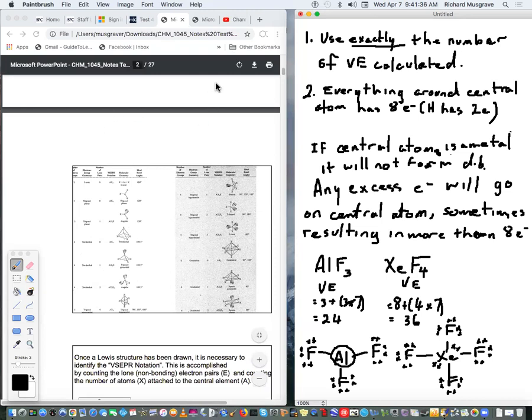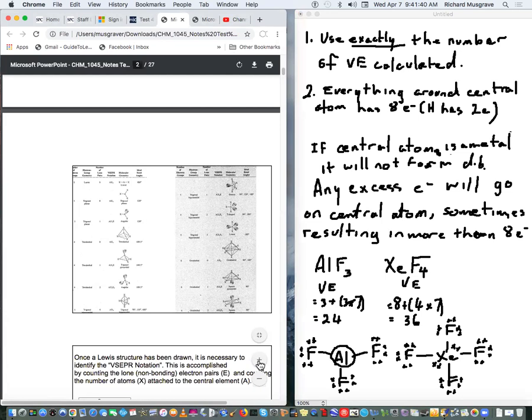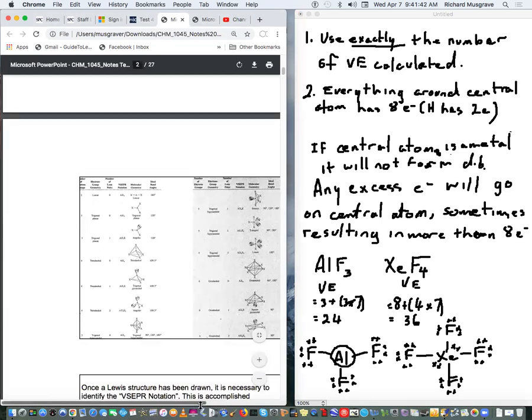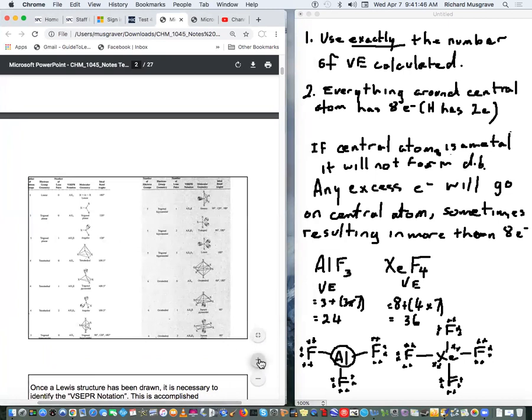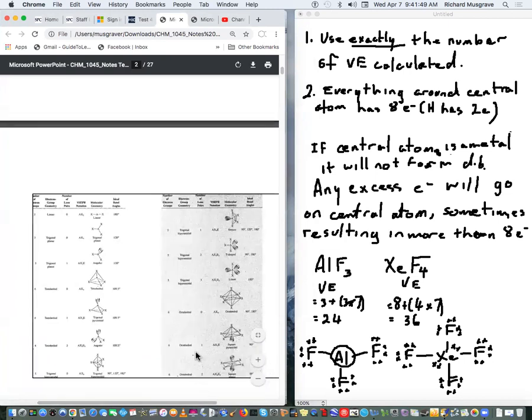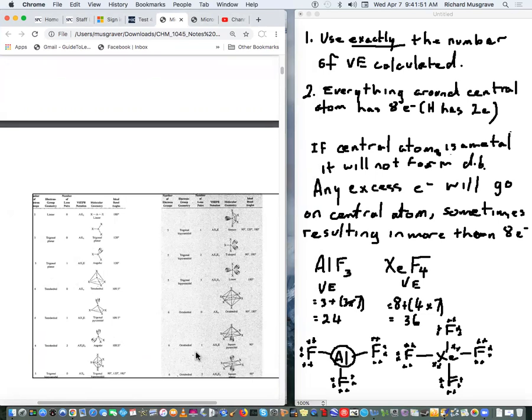discussion we're going to have now is going to revolve around shapes. Doing the Lewis structure doesn't give us a great deal of information about the shape of the molecule. But shapes are always going to be determined by one premise, and that is that if you've got a central element and you've got things around it, those things are always going to be as far apart from each other as they possibly can be.